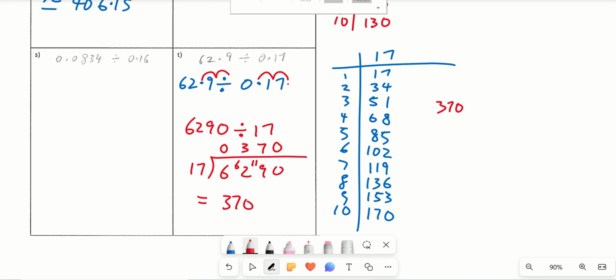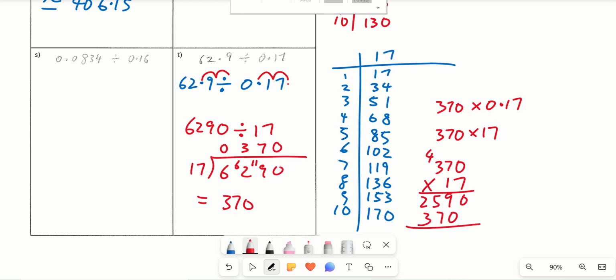Now, we can always test the answer by multiplying the answer with the divisor. So 370 times 0.17. Now, we'll just go ahead and multiply 370 by 17 first, knowing full well that the answer has 2 decimal places. So we go 370 times 17. That goes 0 times 7 is 0, 7 times 7 is 49, 3 times 7 is 21, plus 4, that's 25. And we have 0, 7, 3, and then we add them up, we have 6290.